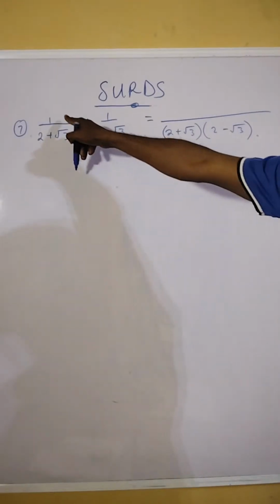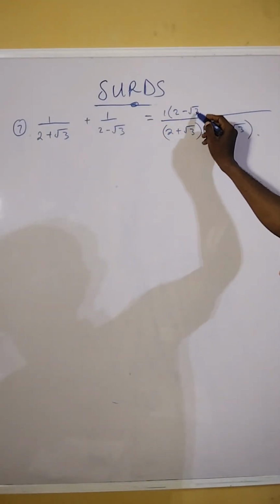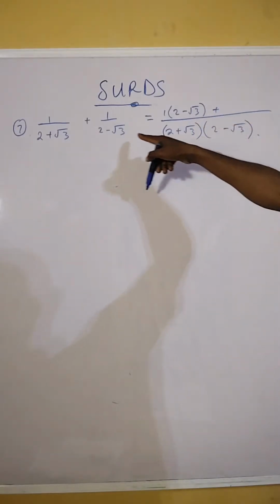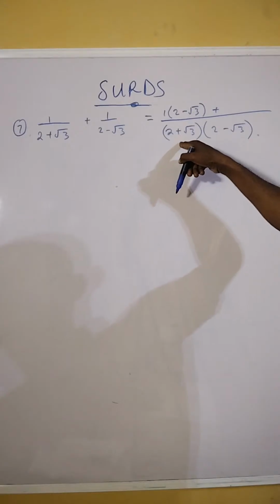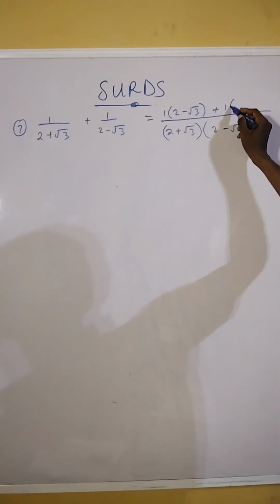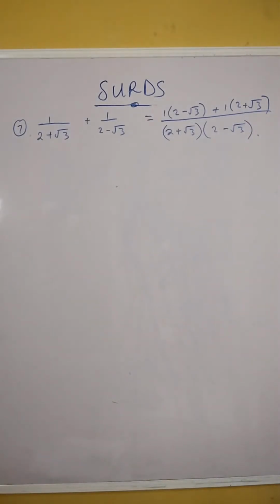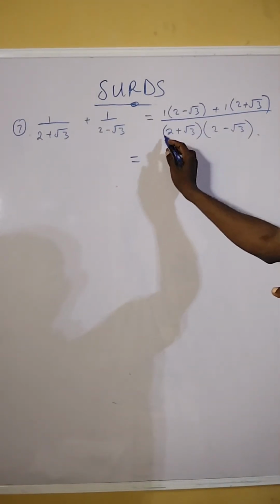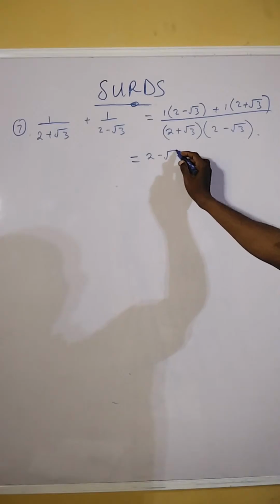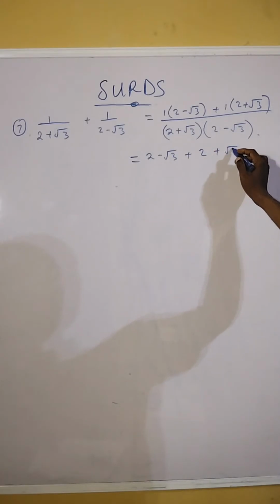And 2 minus root 3 times 1, we have 1 times 2 minus root 3. Then plus, also 2 minus root 3 goes here, we need 2 plus root 3, and 2 plus root 3 times 1, still 1 times 2 plus root 3. Then by the time we expand this bracket, up here we have 2 minus root 3 plus also here 2 plus root 3.